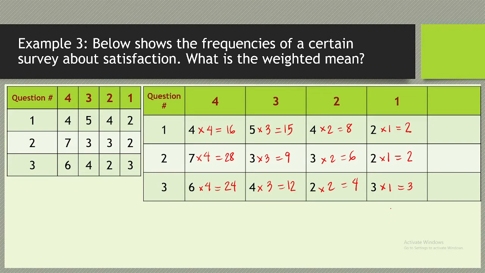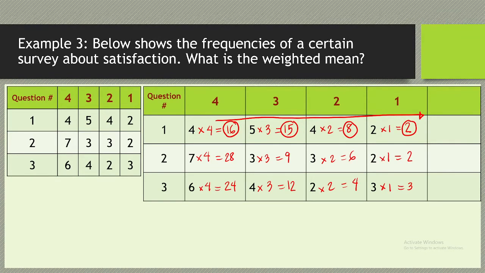Now, how do we get the weighted mean? We cannot do the total unless we get the weighted mean for each question first. So to do that, you add all of these numbers for question number 1.